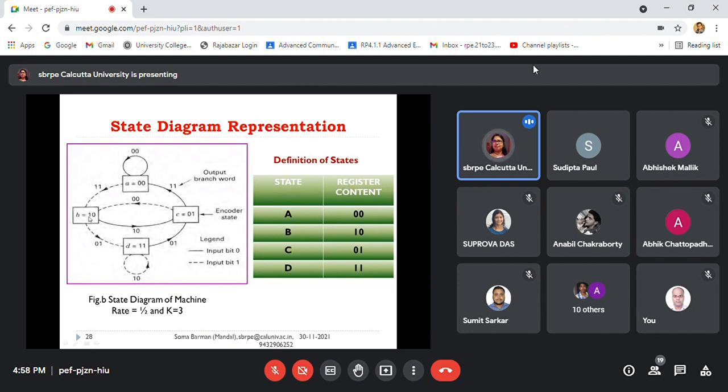So the state transitions from 1 0 to 0 1, and the 0 1 state means C. So for 0 input, the branch will transit from B to C. From every state or every node, there will be two branches going out, one for the 0 input and the other for the 1 input.